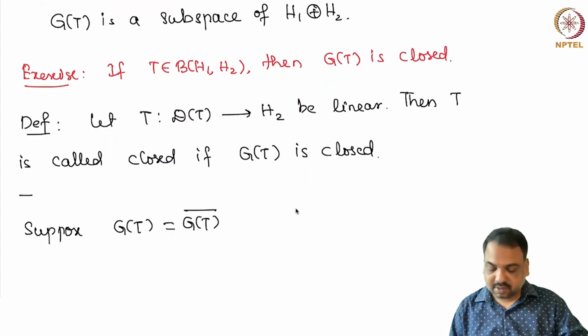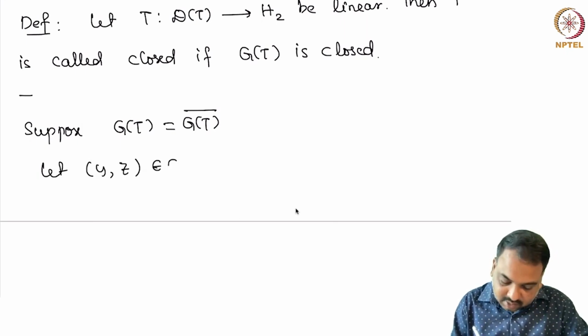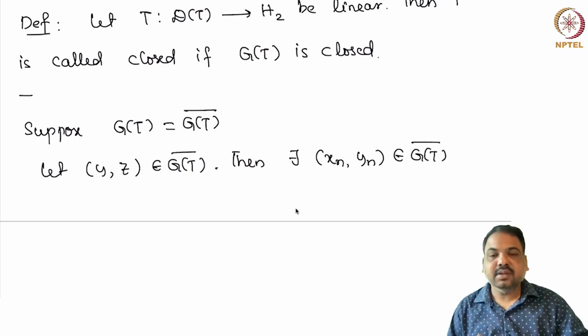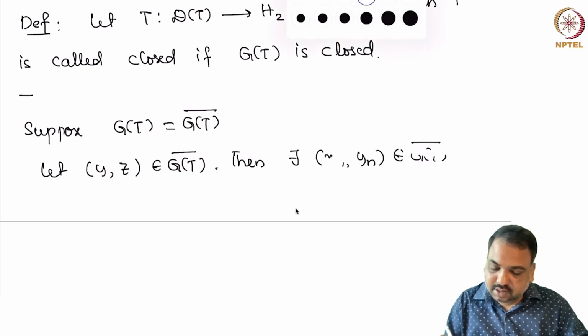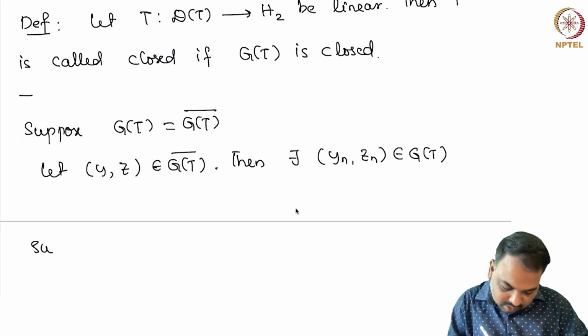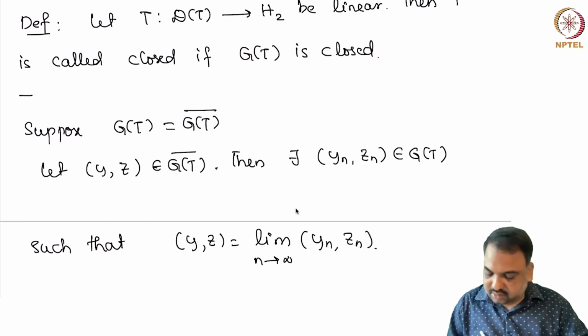So because this is a subset of H1 direct sum H2, let us take an element (y, z) in the closure of G(T). Then we can say that there exists a sequence (yn, zn) from G(T), because we have to approximate (y, z) from this one, such that (y, z) is the limit of (yn, zn).